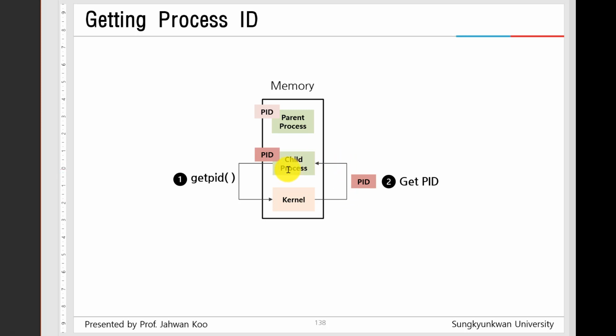Therefore, we have to make a program containing the getpid system call and then run the program. The program becomes a child process. At this point, the child process is running and calling the getpid system call to get its own unique process ID.